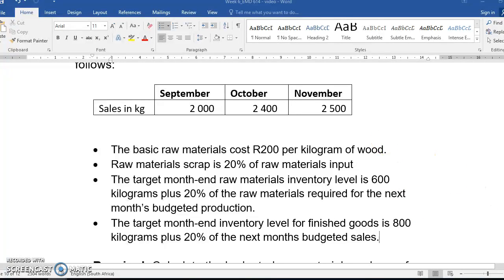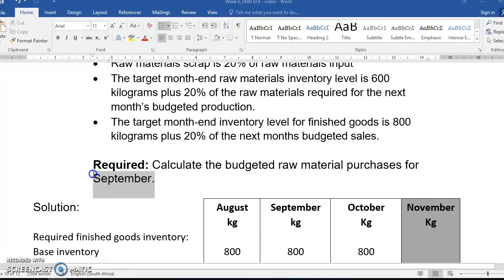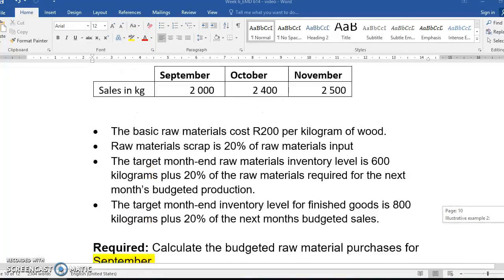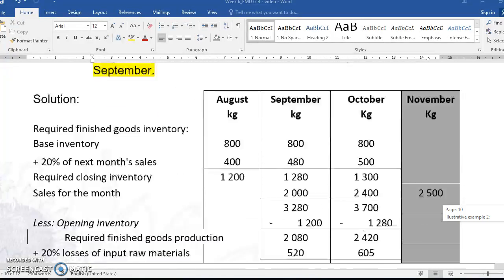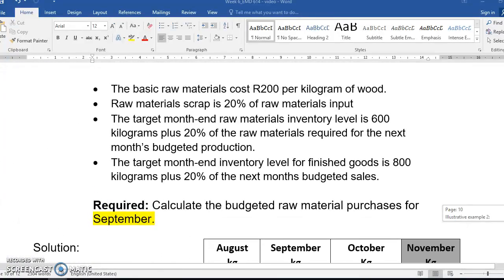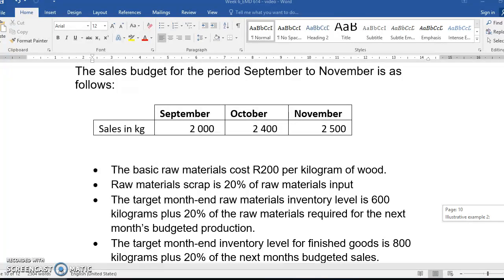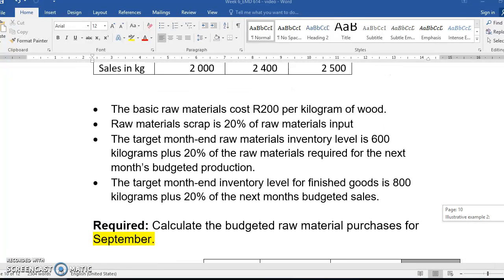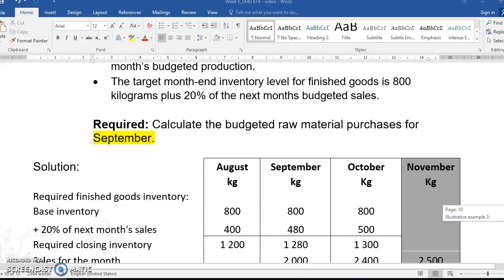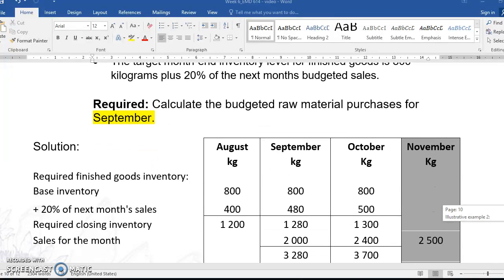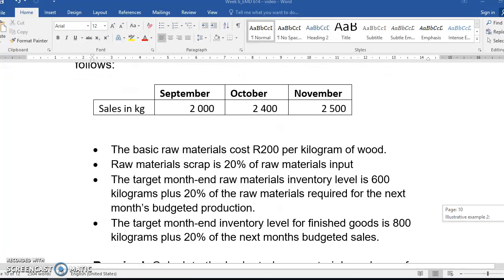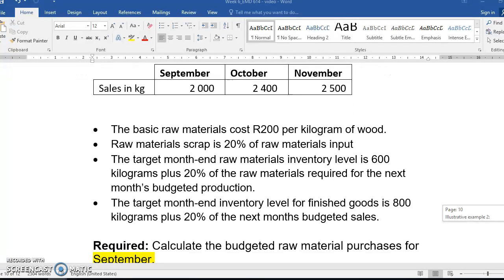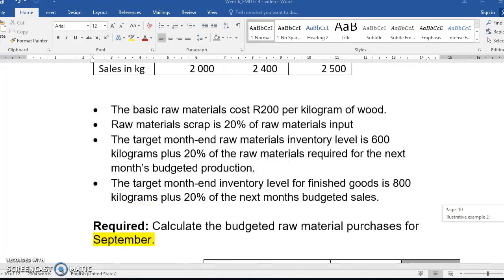Right, so you'll see the required task is for September. Now the important thing to bear in mind is that we have 3 months, and even though the required task is for September, we still need to plot 3 months because of the following items.